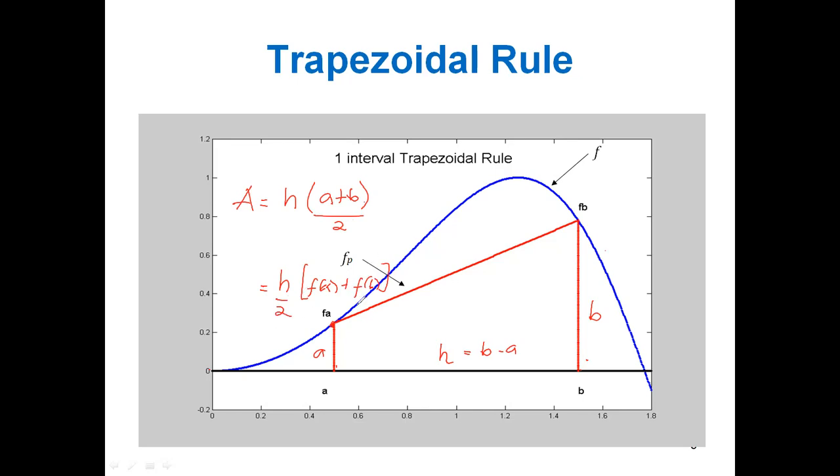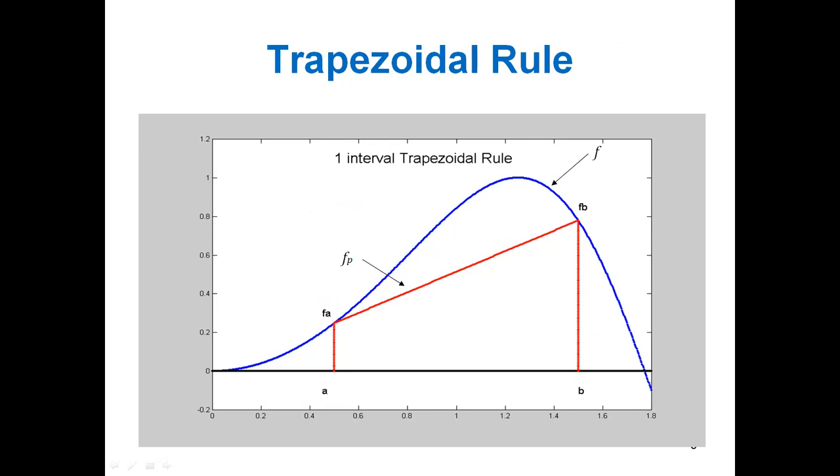So the area of this curve bounded by these two vertical lines was approximated using the area of this trapezoid. And this is the area of the trapezoid now. Okay? Now, I'll clear my markings and we'll proceed to the next slide.